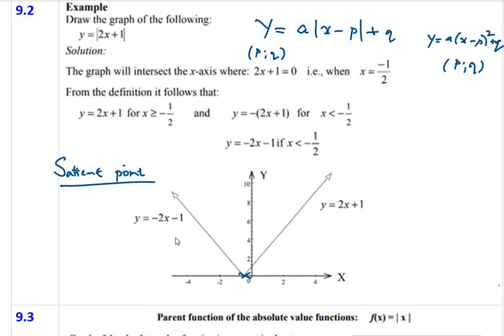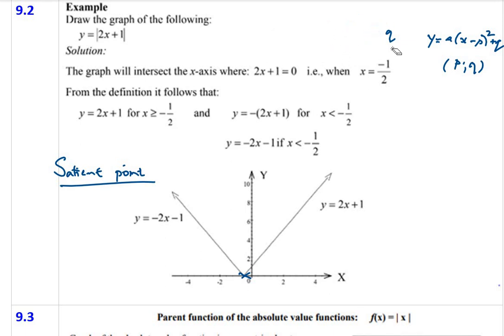So really, it is so similar to the parabola. The same story. If my A is positive, my arms are up. And if my A is negative, the absolute value graph will be upside down, just like the parabola.